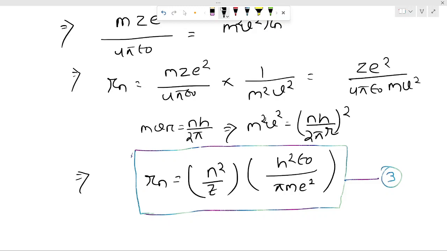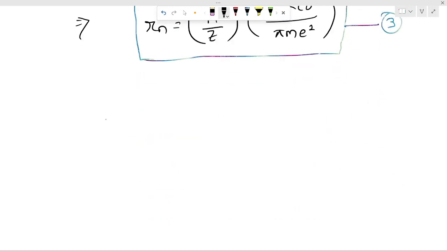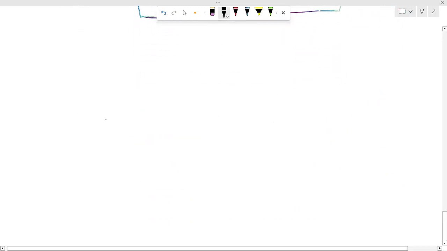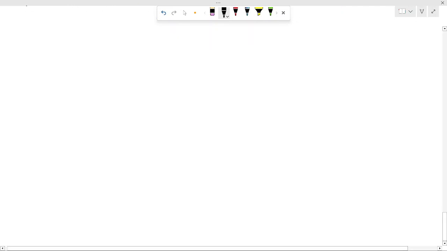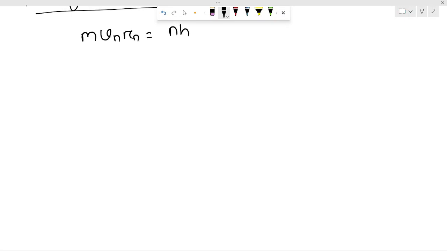Let us calculate the velocity of electron in nth orbit. From the postulates, we have mvn rn is equal to nh upon 2 pi, isn't it?